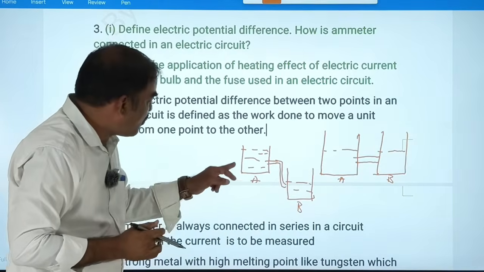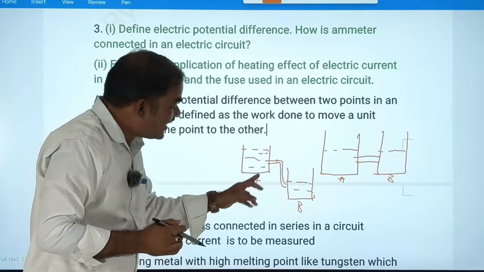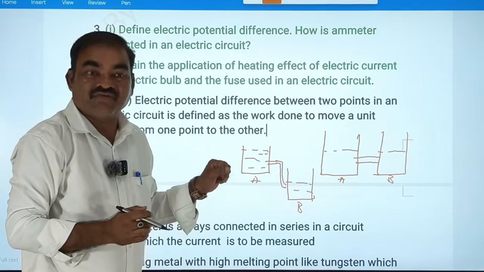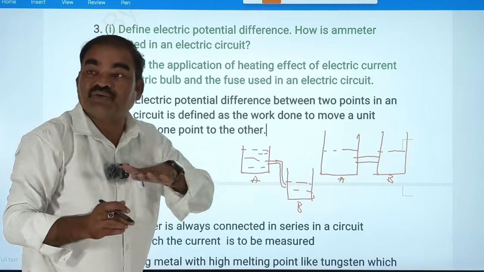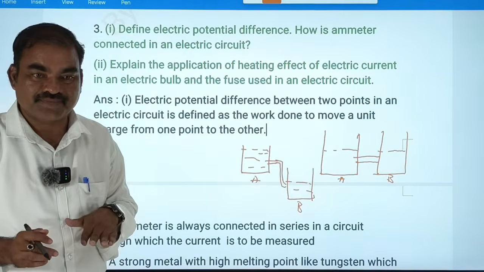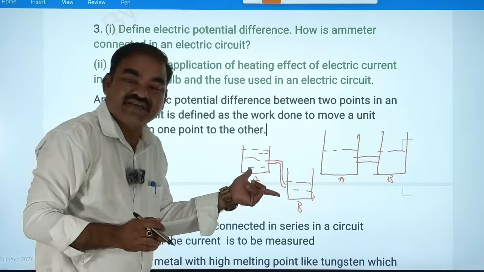Now we can see water will flow from A to B to maintain the water balance. Here the potential is there.